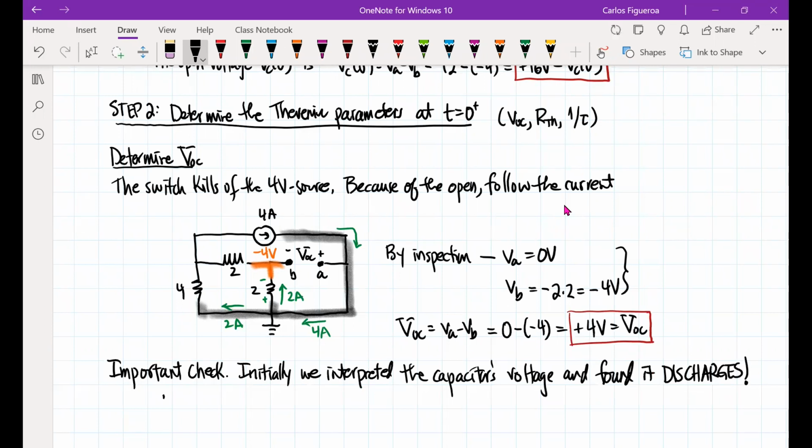In other words, VC of 0 minus has to be bigger than VOC. So now, is this true?